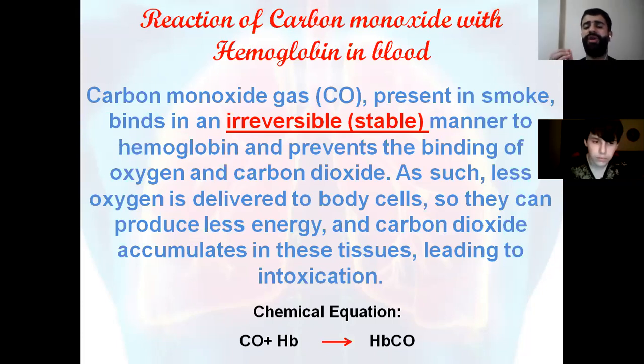These carbon monoxide gases are present in smoke, and they bind in an irreversible, stable manner, meaning that it can occur only in one direction and can't occur in the opposite direction. Whenever carbon monoxide binds to hemoglobin, it cannot be dissociated. So no dissociation. It gives Hb plus CO, and this is a stable molecule.